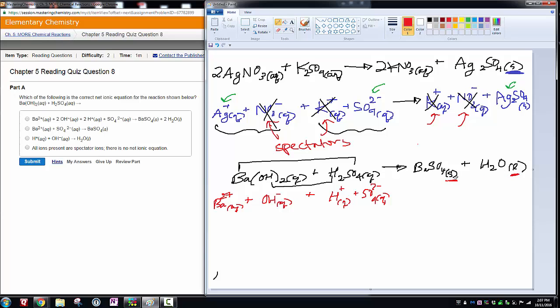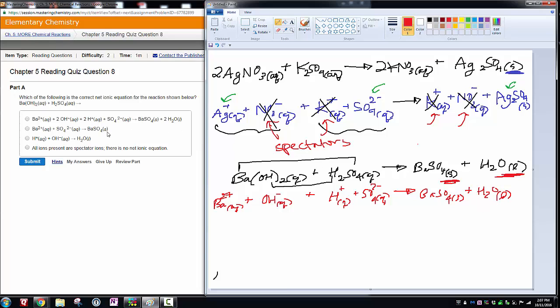This is both a precipitation reaction because I made a solid and an acid-base reaction because I made water with the H and the OH. So the whole thing is going to be there. Okay, goes to form barium sulfate, solid, plus water, liquid.